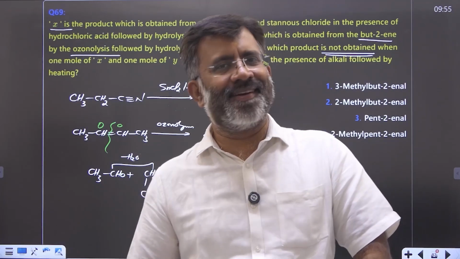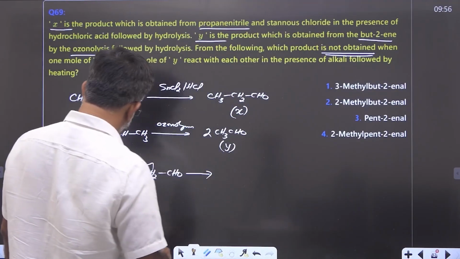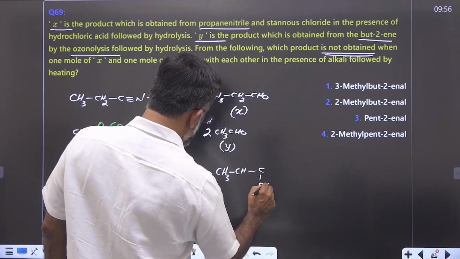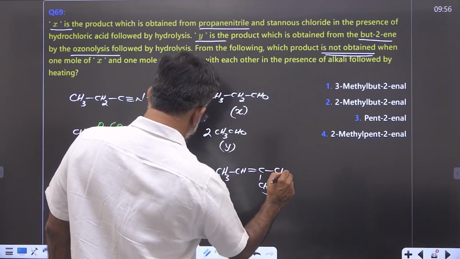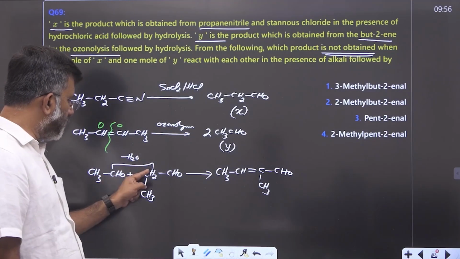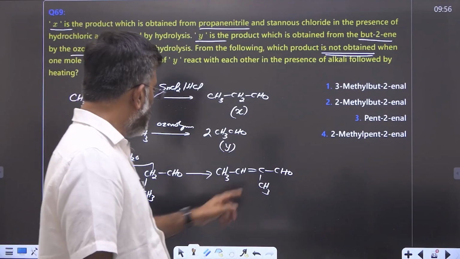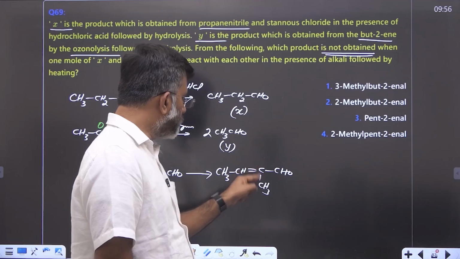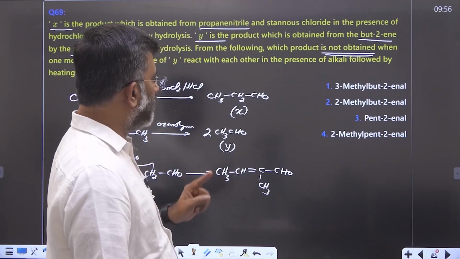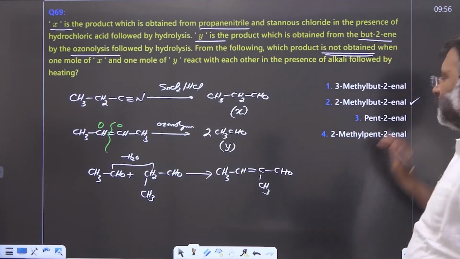That is the final result of aldol condensation. In this case, taking this combination, it will be CH3CH=C(CH3)CHO. What is that compound? 1, 2, 3, 4. That is 2-methylbut-2-enal. So this will be a product obtained.